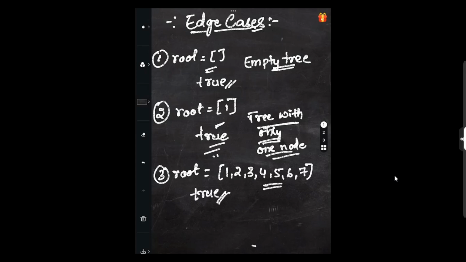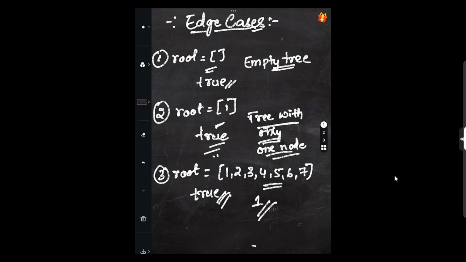I can visualize it in the same way that I had shown for example 1 and example 2 that they have given in the question. You can visualize in the same way, or you can just try in the same way. The absolute height difference should not differ by more than 1.